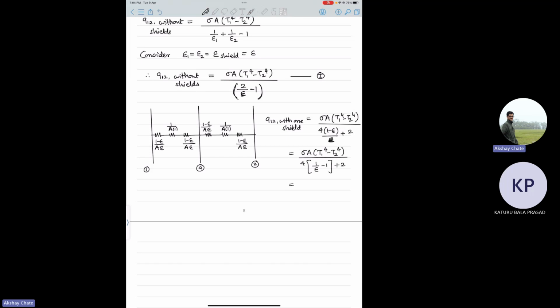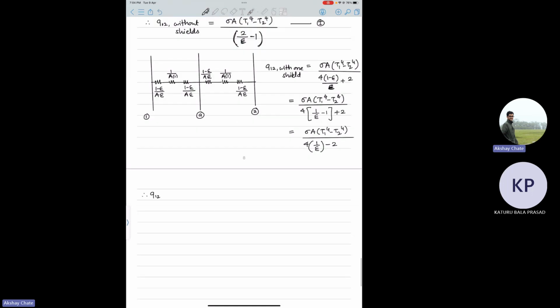So this is sigma A T1 power 4 minus T2 power 4 divided by 4 into 1 by epsilon minus 2. So what I can do, I can take sigma A T1 power 4 minus T2 power 4, this remains the same. I can take 2 common, right? And what remains inside the bracket is 2 by epsilon minus 1. So let's say this is your equation number 2.